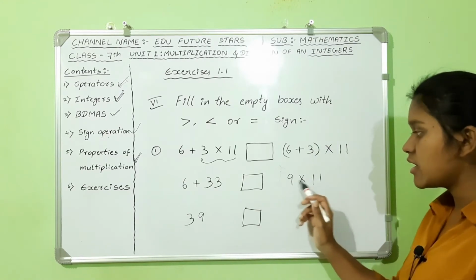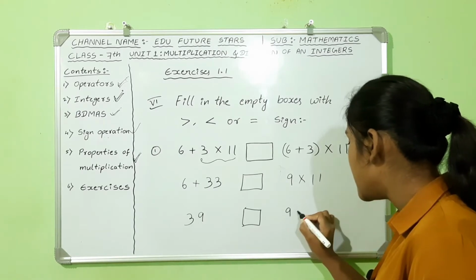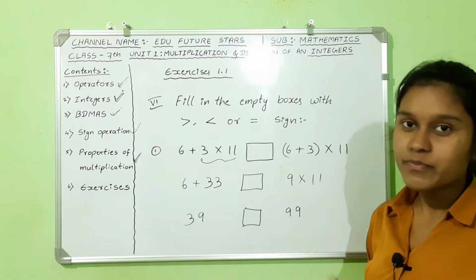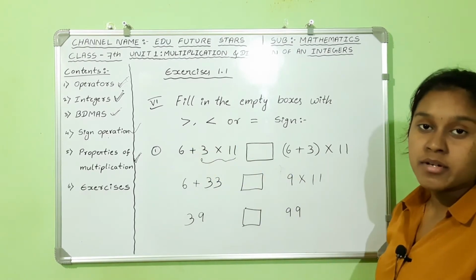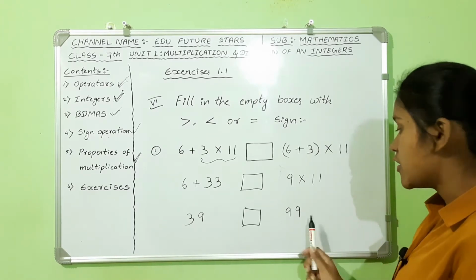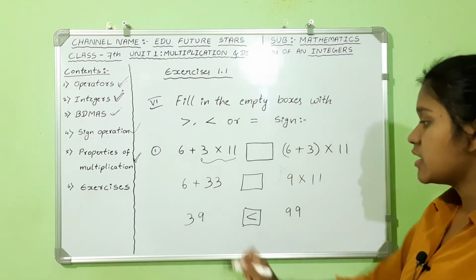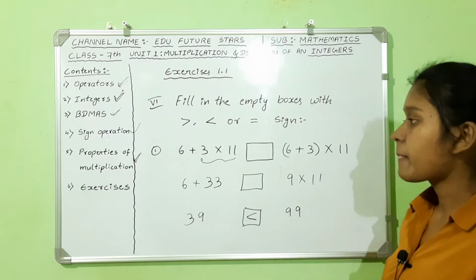What is this? 11 into 9. 11 into 9 is what? 99. Correct? Is this equal? No, right? So then tell me, what sign will come here? Which number is greater? 99 is the greater one. So we'll write this symbol. 39 lesser than 99. Got it?